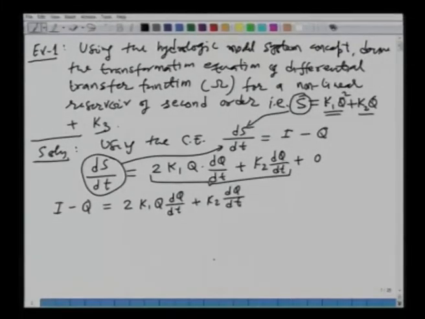Now, take the Q on the other side, so that I is on the left hand side and outflow is on the right hand side. So, you will have twice K1 Q dQ over dt plus K2 dQ over dt plus Q. So, the Q has come on the right hand side.